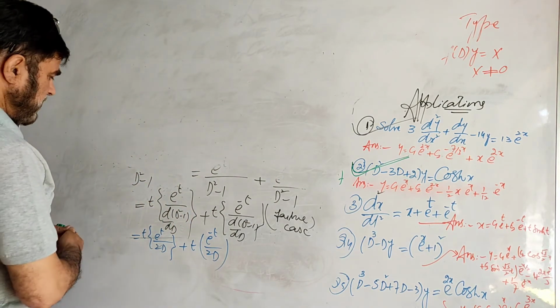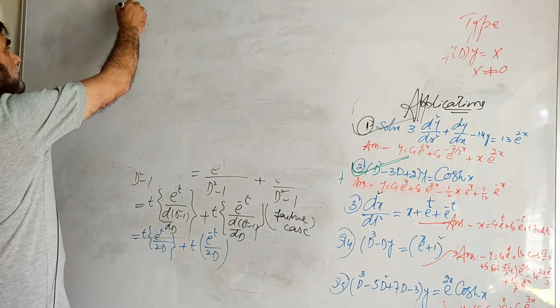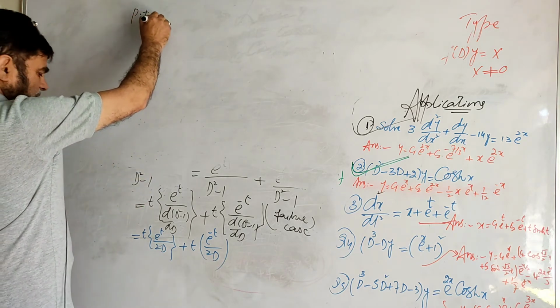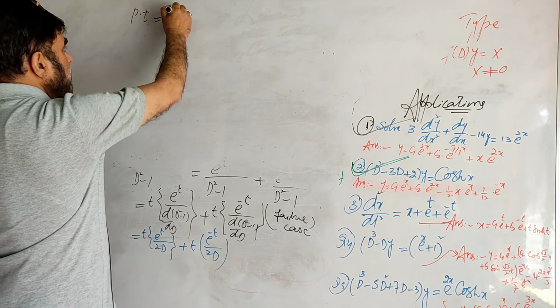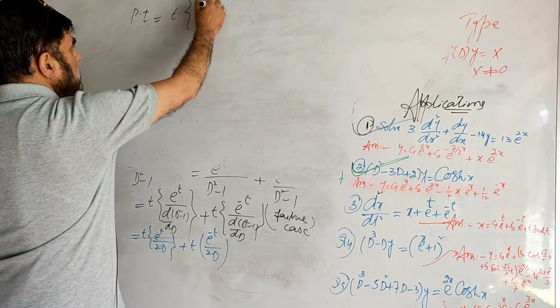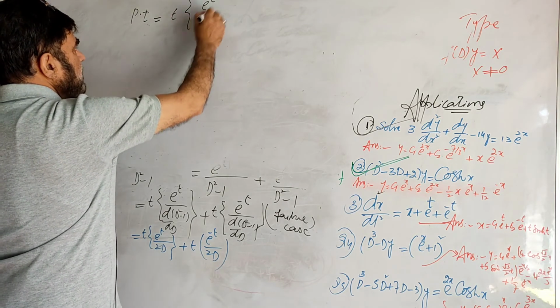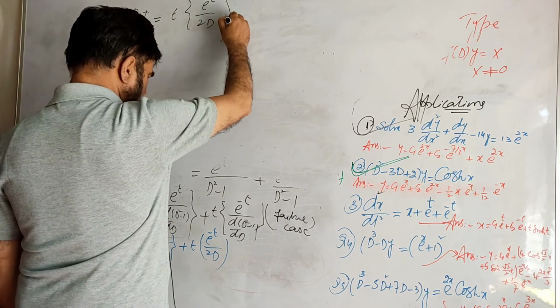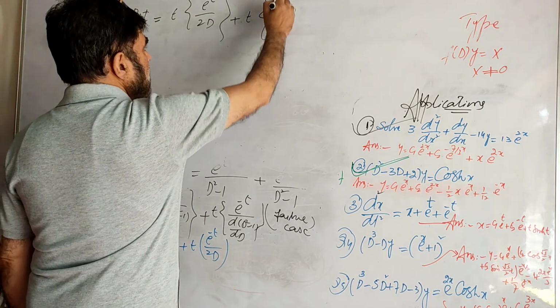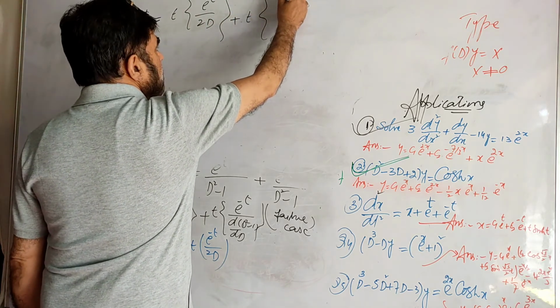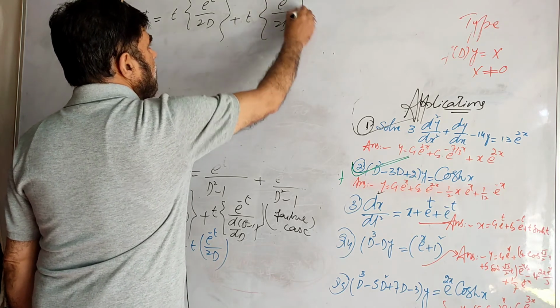Okay, this is the particular integral: t e raised power t by 2D, the differentiation after the failure case, plus t e raised power minus t by 2D.